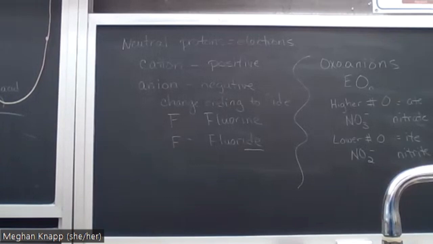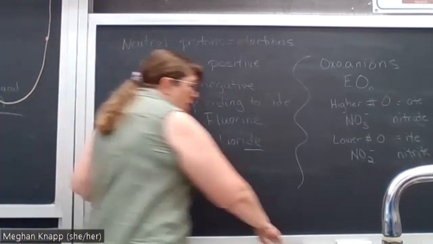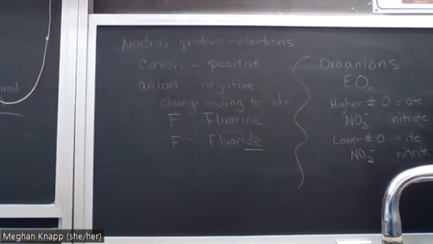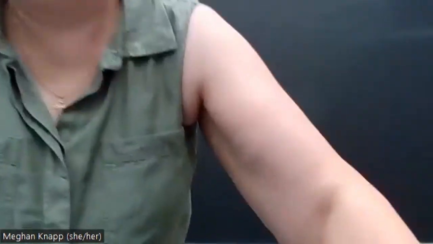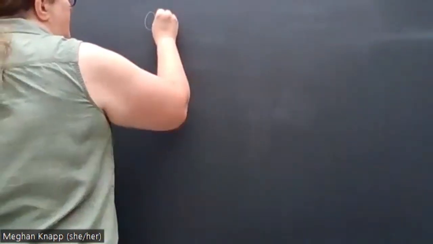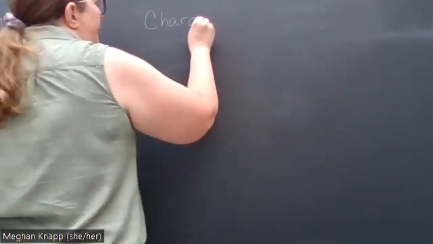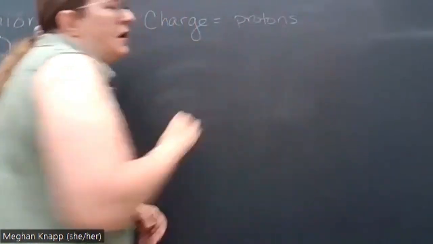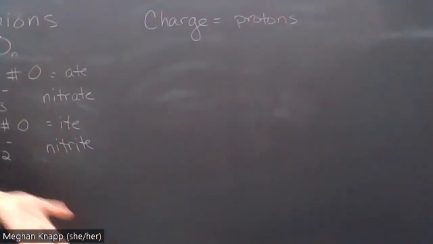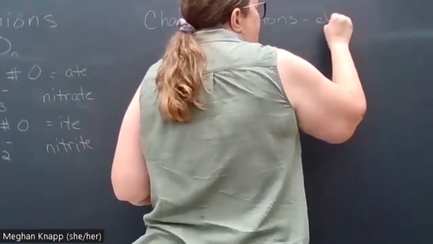Okay. If I want to know the charge of an anion or cation, I can figure that out from the protons and the electrons. The protons have a positive charge, and then we're going to subtract off the electrons because they have a negative charge.